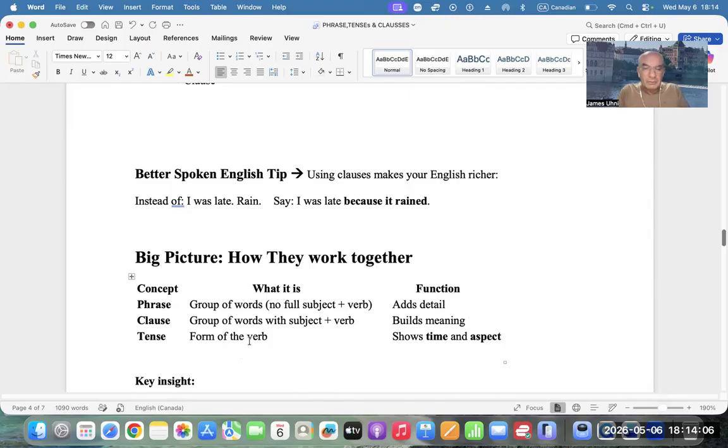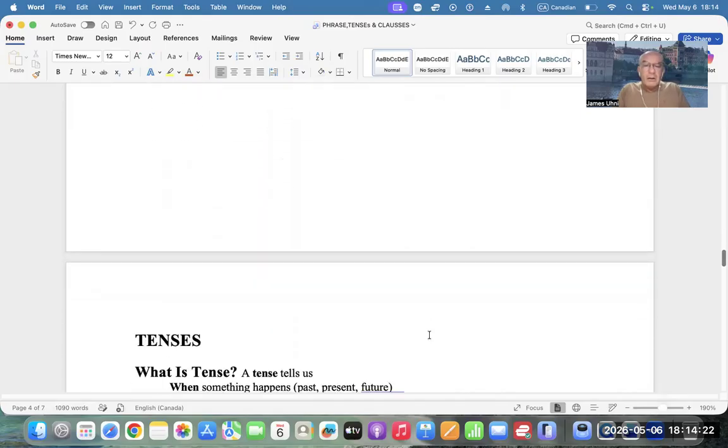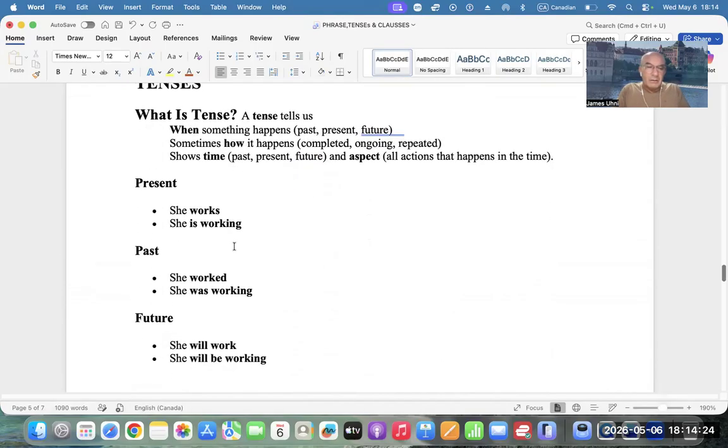Form of the verb, shows time and aspect. Wow, what is time? Does it mean 6 p.m. or 3 a.m. or anything like that? No. Shows time means that they are from the present, today, from the past, or in the future.